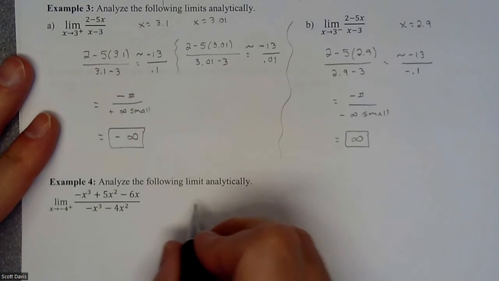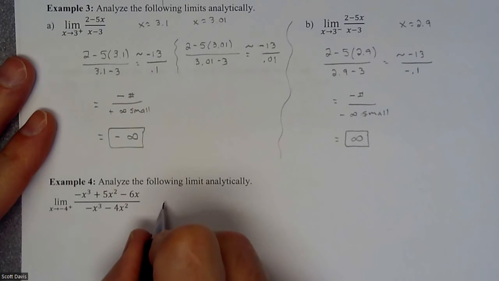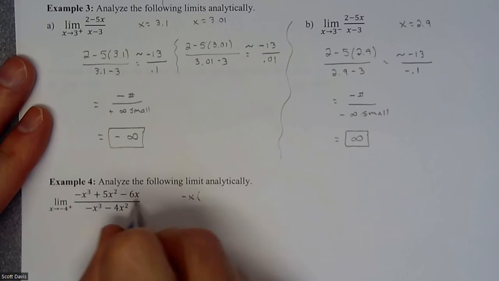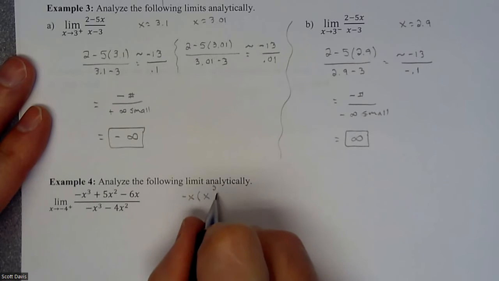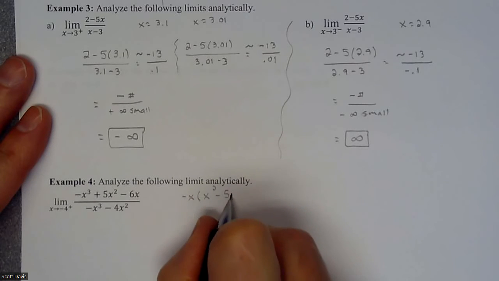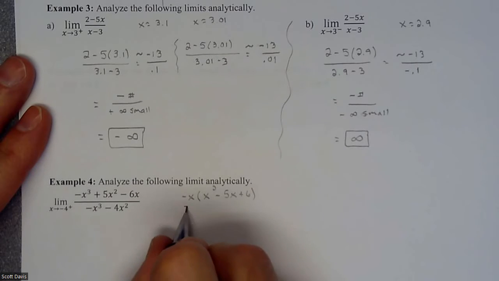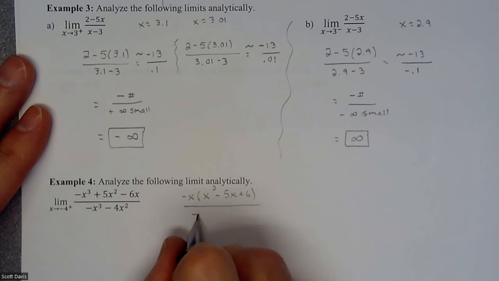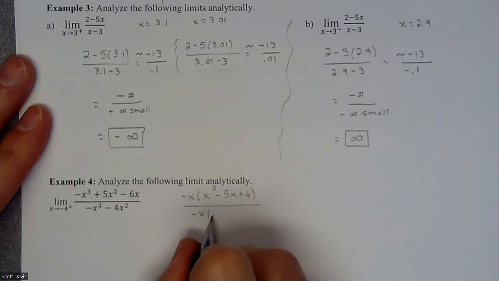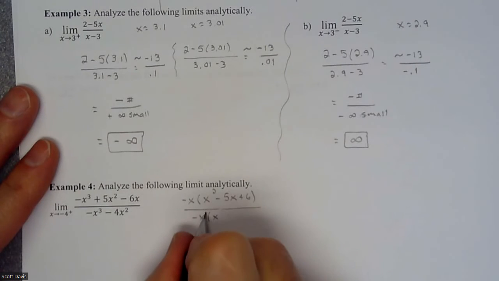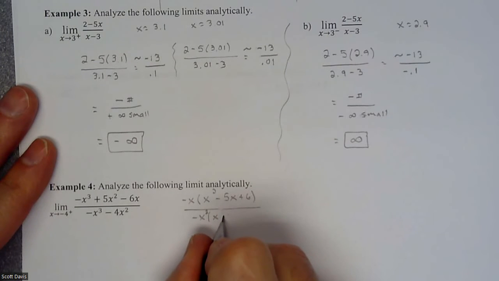First thing I want to do is let's take a negative x out of this. Right, so if we take a negative x out, we're looking at x squared minus 5x plus 6, which was going to factor. And then here we can take a negative x squared out, which will leave us with x plus 4.